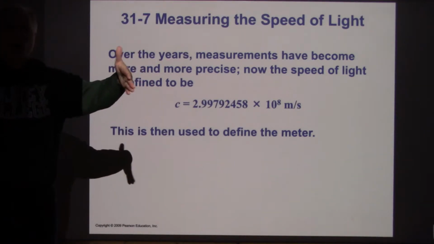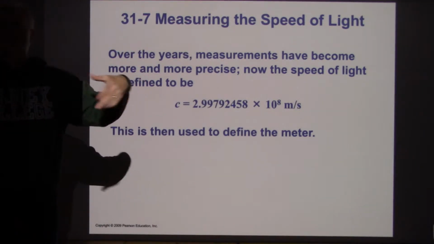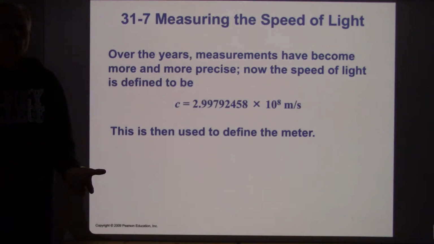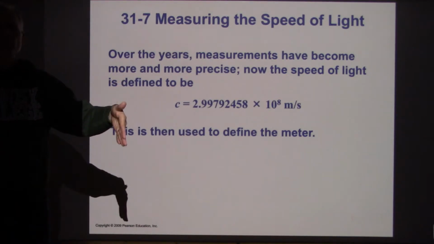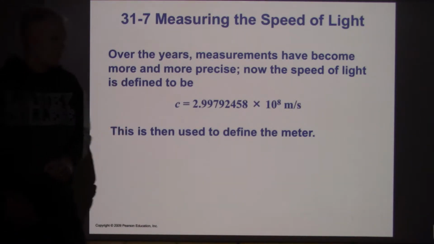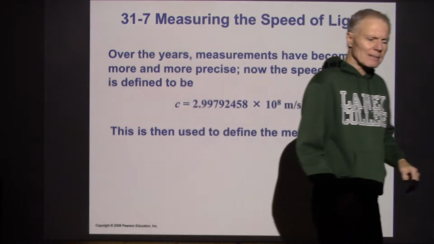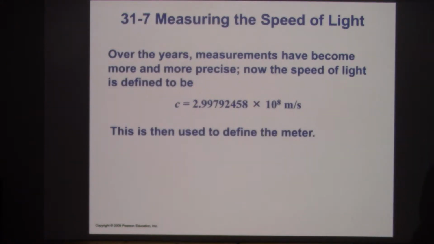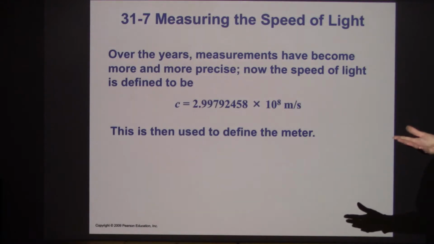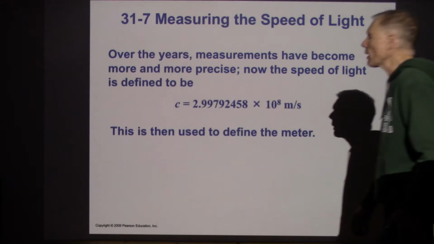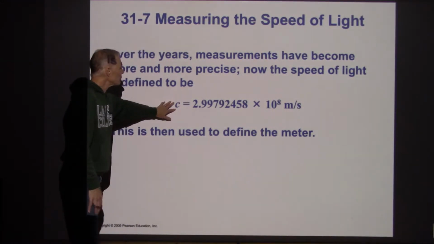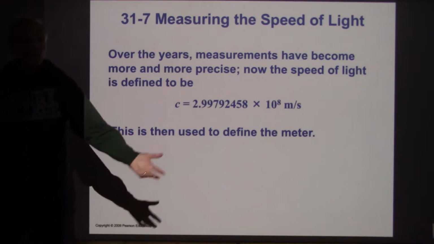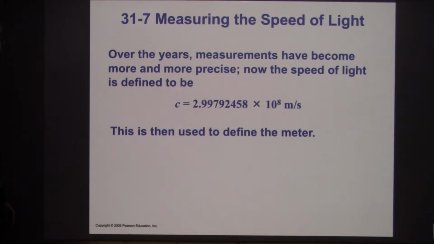And then there was a bar made out of platinum and iridium in some science institution in Paris, France, and they had the meter stick in there, and that was the official meter stick, and it had to be measured at just exactly the right temperature. But now any lab can, apparently, get out their light measuring devices and use this to calibrate any kind of measuring equipment. They can determine on their own what a meter consists of.